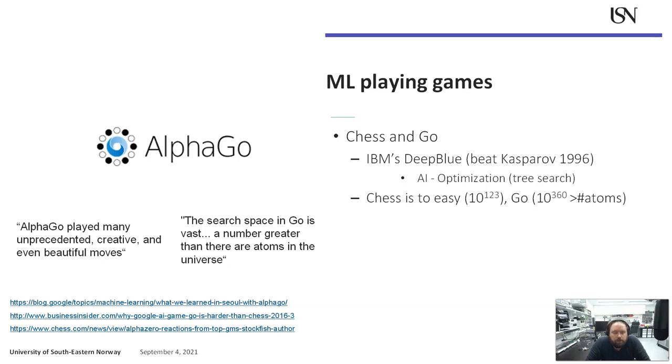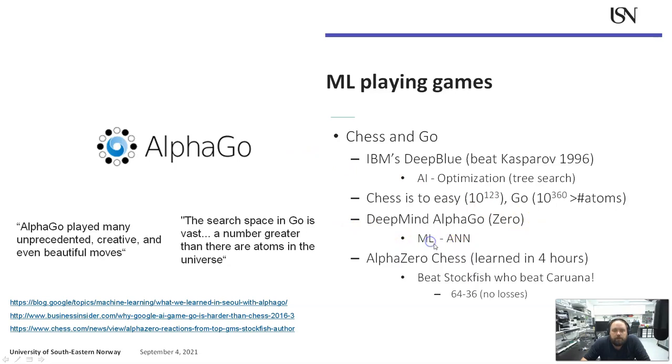In fact, it's so large that it's unlikely a computer will ever be invented that can handle a search space like that. And therefore, the only way you can really play Go is using some kind of learning approach, because you cannot simply compute your way out of the problem. This is what Google did with their DeepMind AlphaGo and AlphaGo Zero, which is based on deep learning and neural networks. That is a machine learning application used at games.